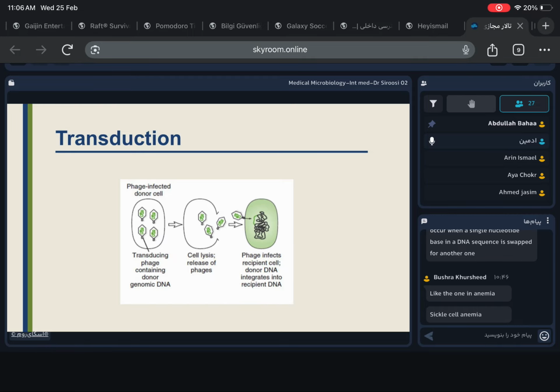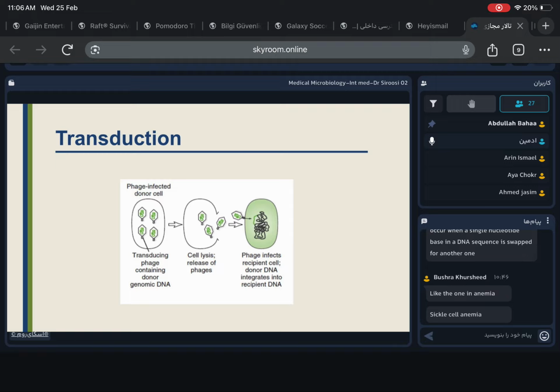And the last method that bacteria use in order to transfer their genetic elements is mediated by bacteriophages. They are viruses, I told you, that infect only bacteria. And sometimes bacteriophages capture fragments of bacterial DNA during their infection, and they package them into their viral particles by mistake.